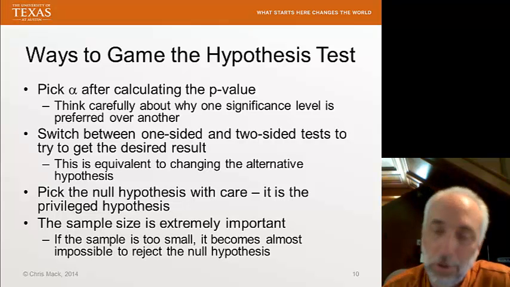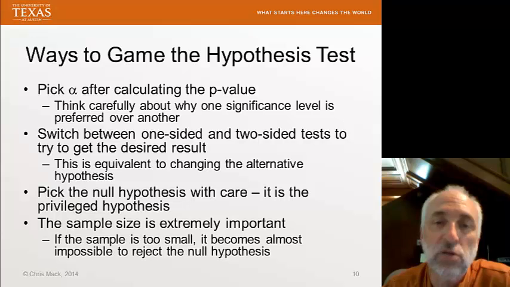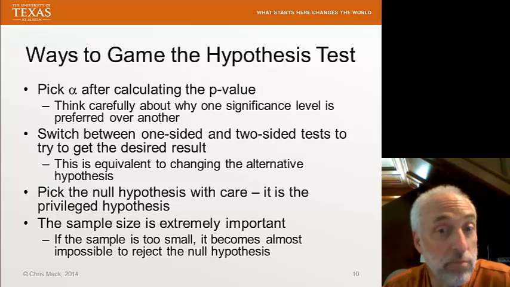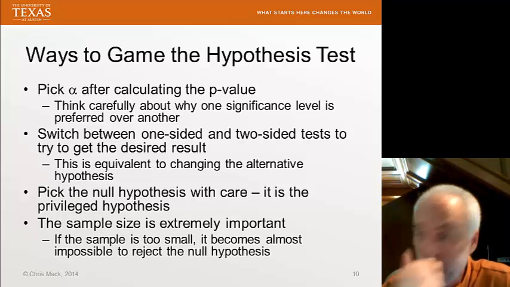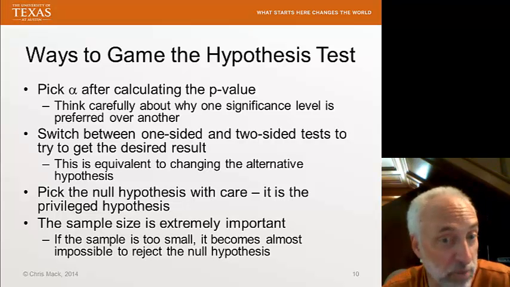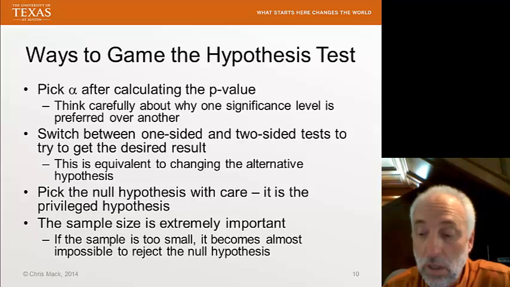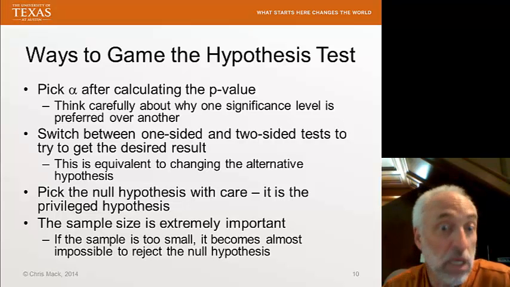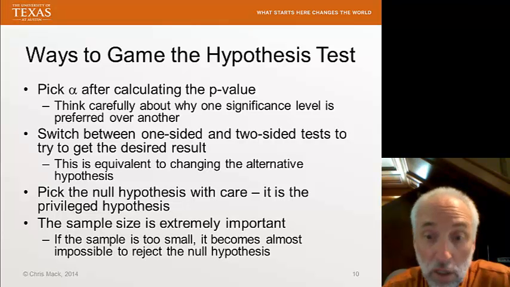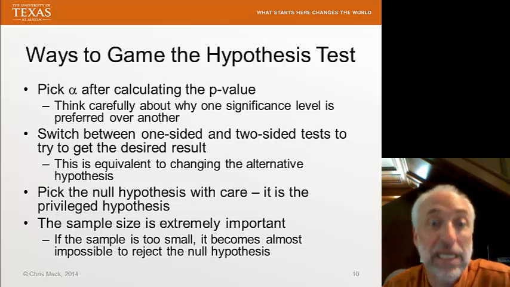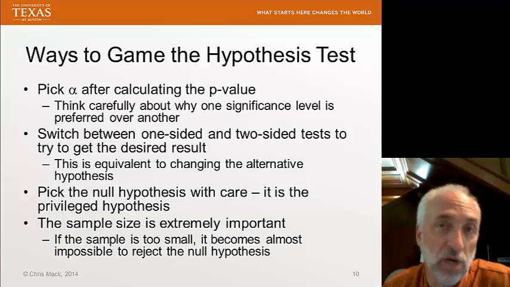And finally, the sample size is extremely important. As you look through the calculation of the p-value, you can make the p-value much, much smaller by using a larger sample size. This is a good thing. If the sample size is too small, it becomes almost impossible to reject the null hypothesis.